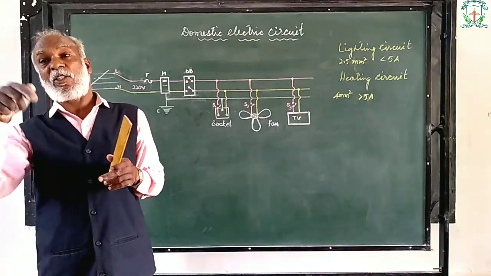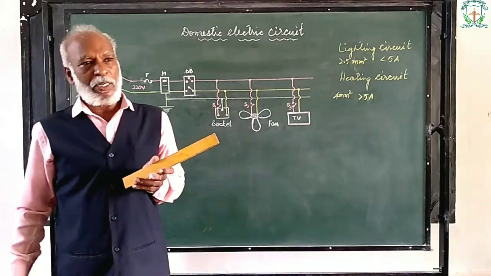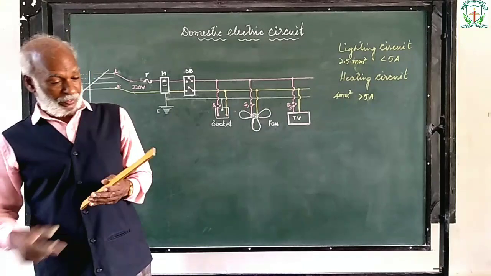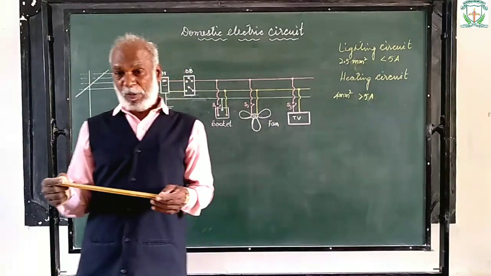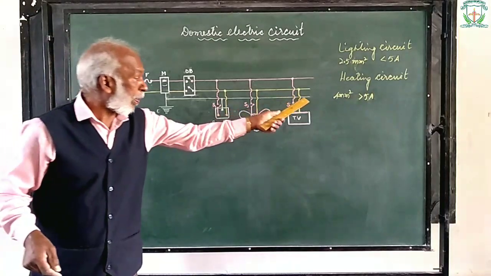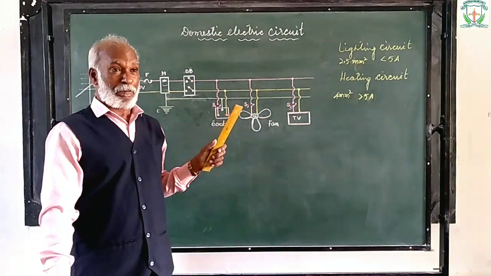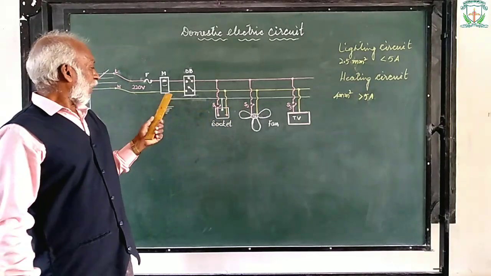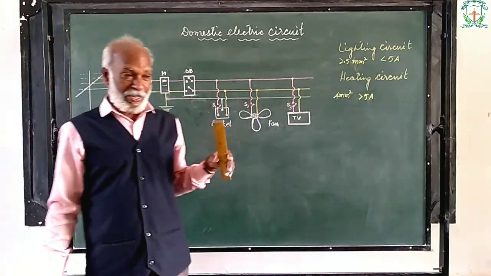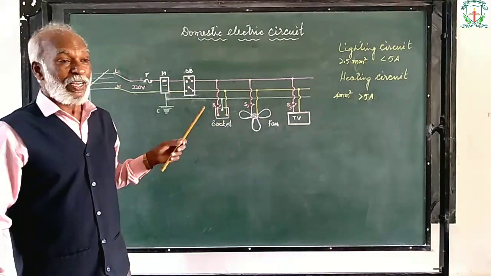If the current passes to the ground through your body, that is called an electric shock. If the shock is severe, you may die also. So for the easy passage of the leakage current to the ground, a low resistance path is provided, and that is called the ground wire.